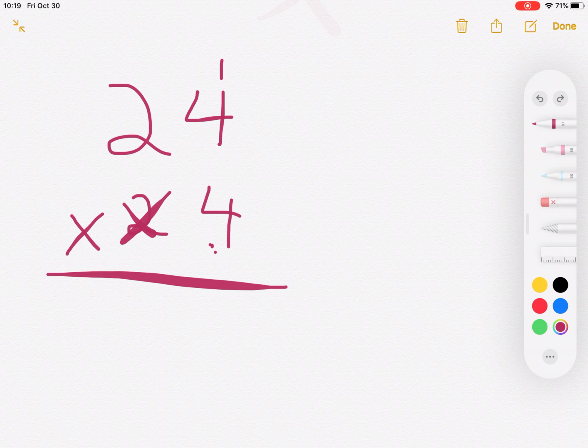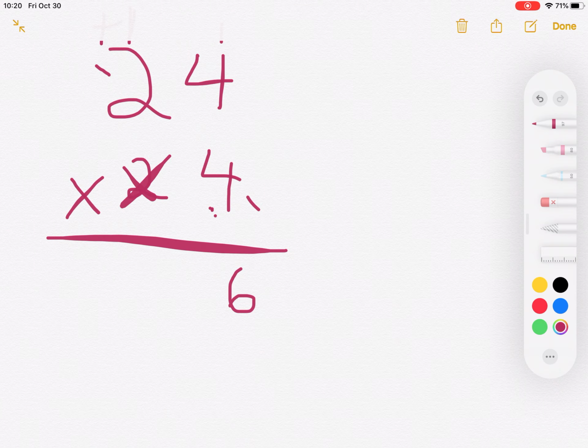So we do 4 times 4, it equals 16. So put the 6 down here, and then carry the 1. And then we do the ones across from each other, parallel. So then we do 2 times 4 equals 8, and add the 1 up right here, and that will equal 9. So far we have 96.